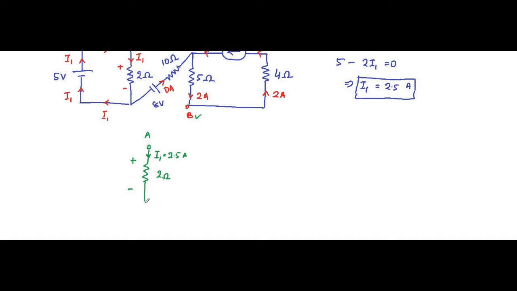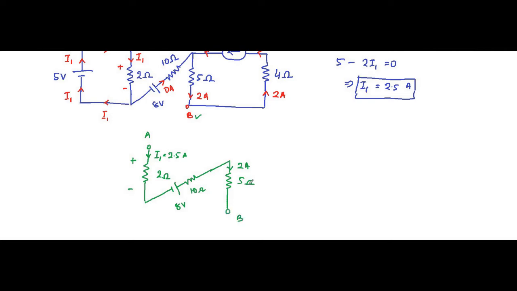Then we have 8 volt and we have 10 ohm, like this. Then we have this 5 ohm resistance with 2 ampere current flowing through it, and that is point B.